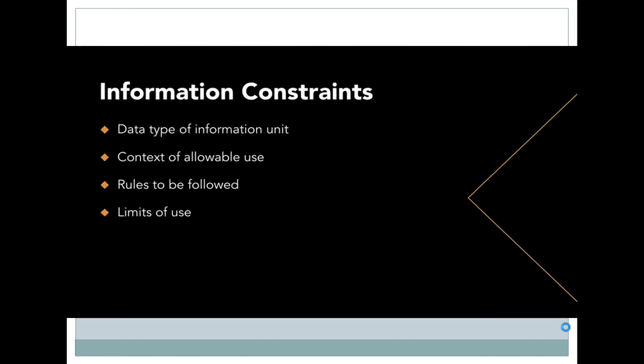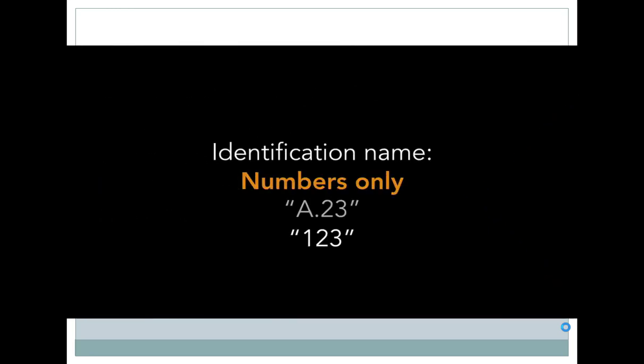Then we have the information constraints. They specify things like the data type of the information unit, the context it can be used in, the rules it must follow, and the limit of use. An example of an information constraint is to specify that an identification name should not look like this.